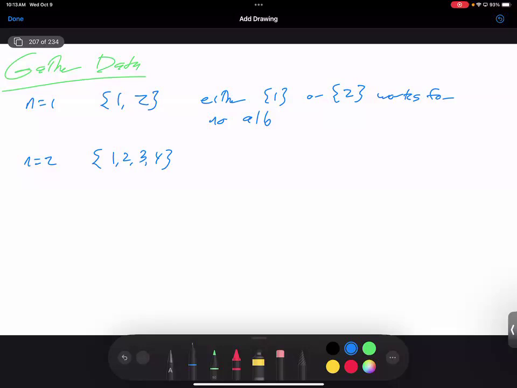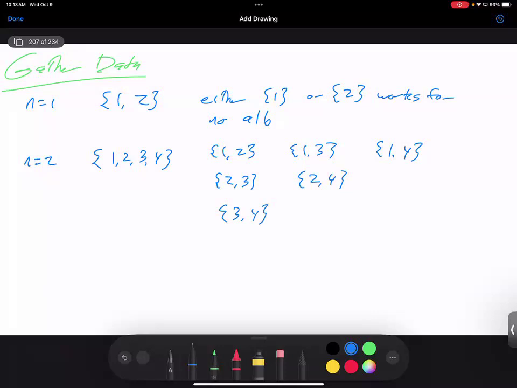Or you can say I have 4 ways to choose the first number, 3 ways to choose the second, and then I have to forget about the ordering, so I divide by 2. So my possible sets are 1, 2; 1, 3; 1, 4; 2, 3; 2, 4; 3, 4. And I tried to write them in a good way.